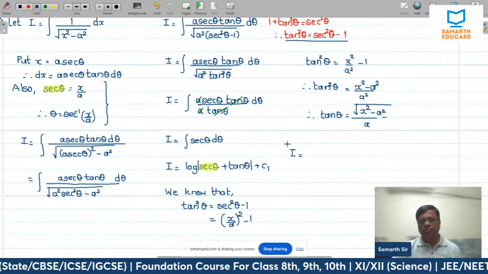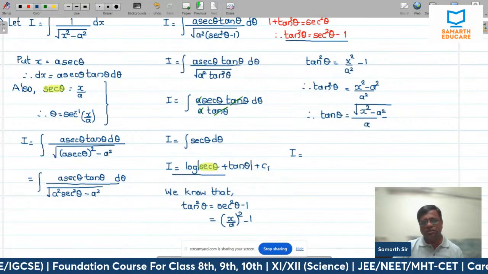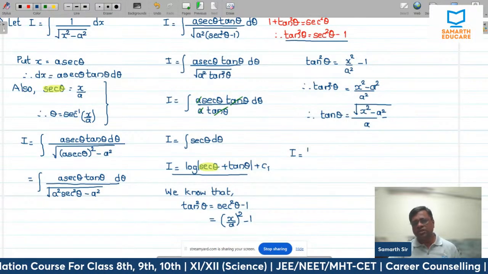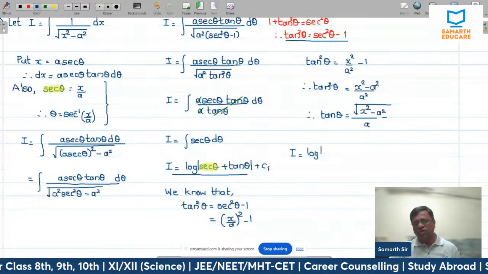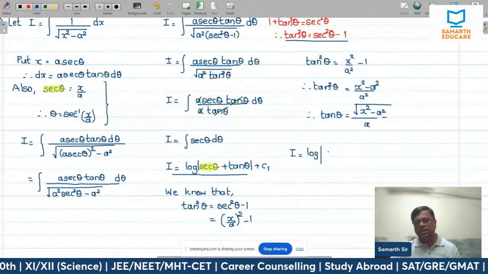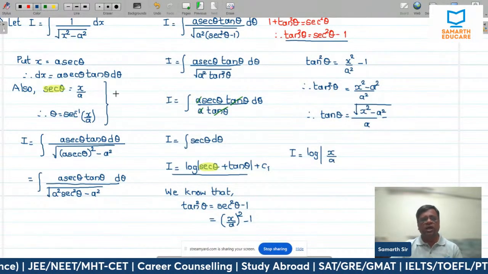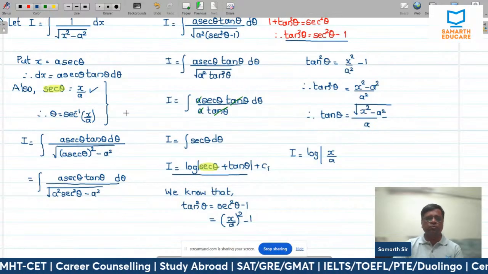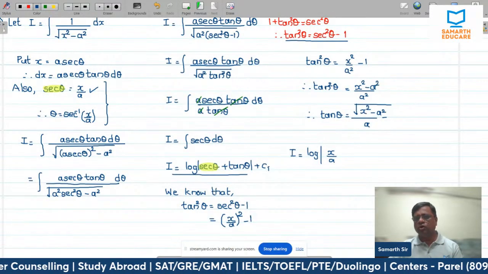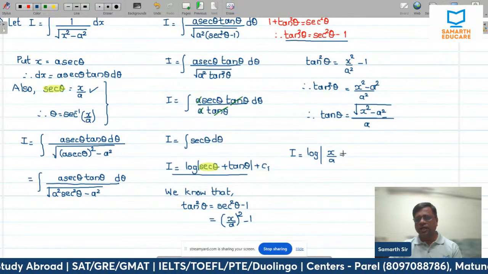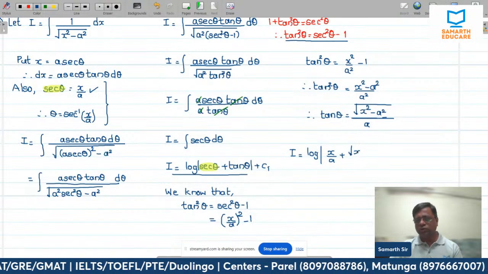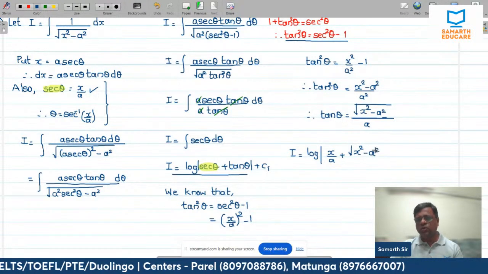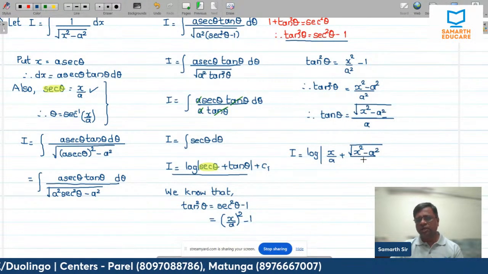Now here the answer is log of sec theta plus tan theta. But what is sec theta? Sec theta is, you can see, x upon a. यहाँ पे हमने करके रखा है sec theta is x upon a. And just now we found out the value of tan theta. Tan theta का value है under root x square minus a square divided by a.